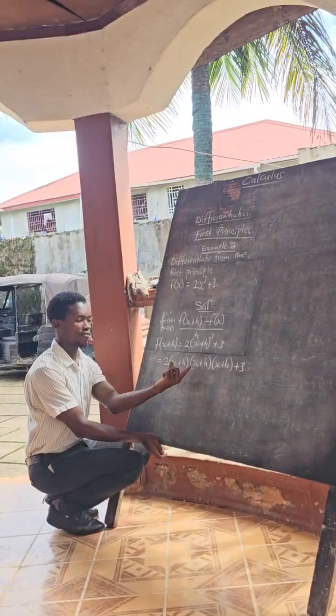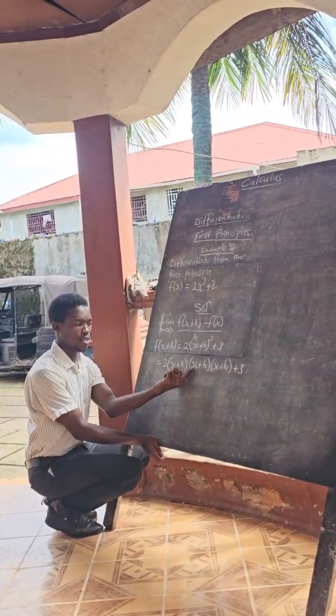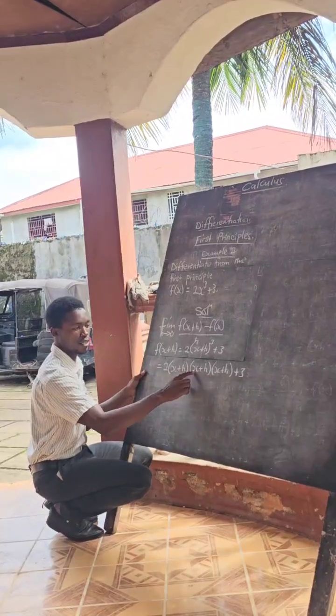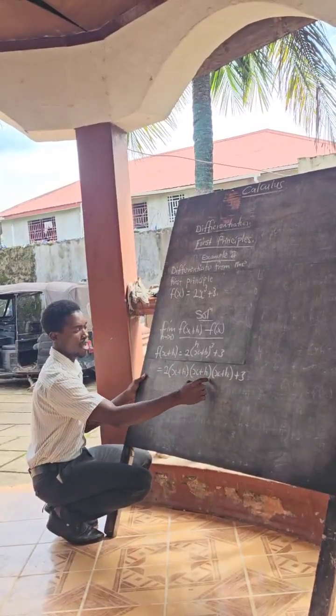So we're going to do the first two brackets. When clearing brackets, we multiply the first value by everything in the second bracket, and the next one by everything.